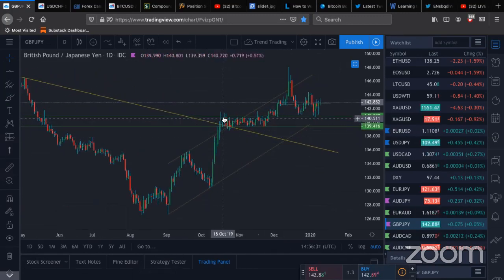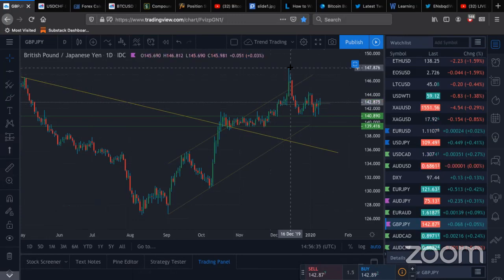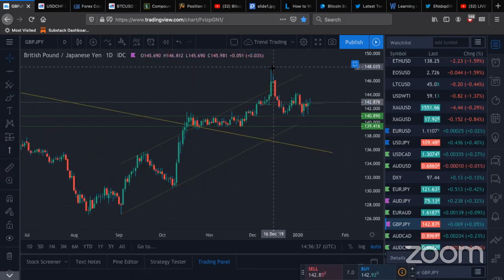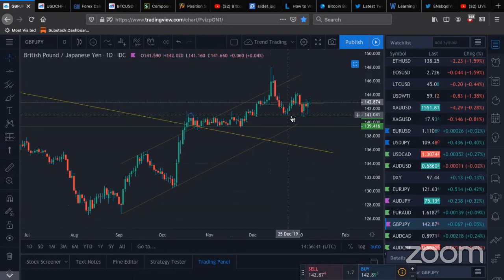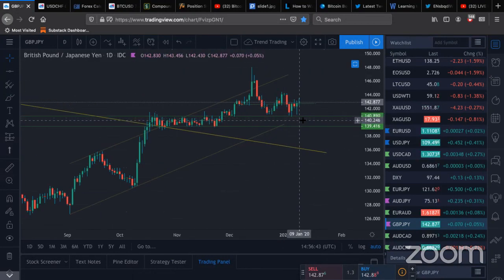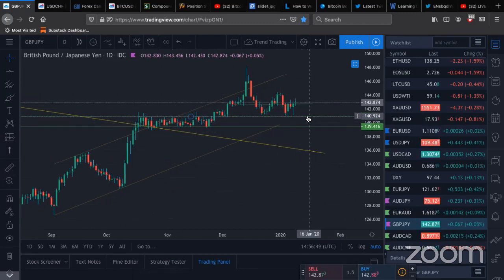After that break, it consolidated, came up and made this really bullish move up, but that was on the election news, and then since has come back down and is holding this support. As long as the pound holds above 140.89, that support level, things look really bullish. And then you do have some further support down at 139.41.